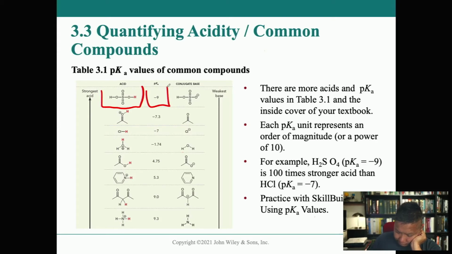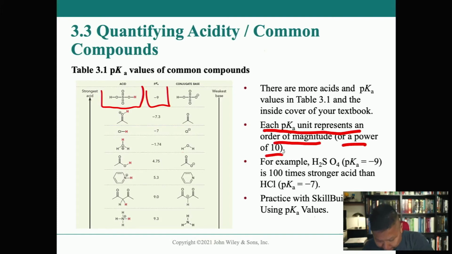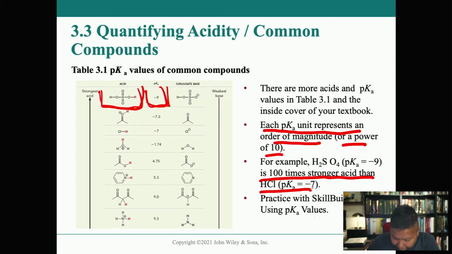So again, each pKa unit actually represents an order of magnitude or power of 10. Okay? That means then, for example, sulfuric acid, with a pKa of -9, is 100 times stronger than hydrochloric acid at -7.